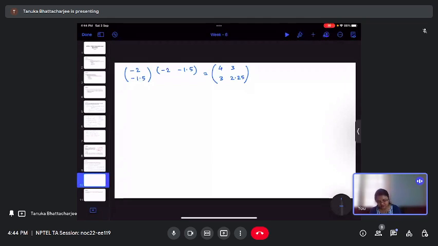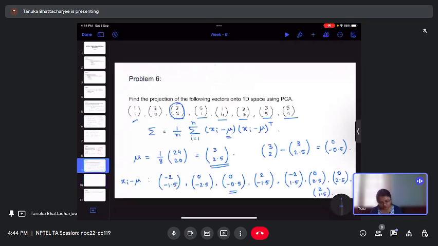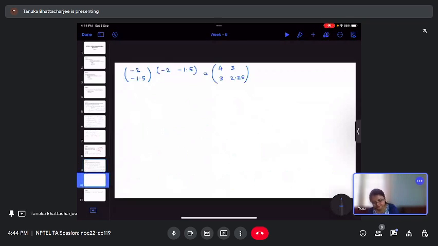Now similarly we will do for x2, which is 0, minus 2.5, and the transpose of that. You will get 0, 0, 0, and 2.5 into 2.5 gives 6.25.